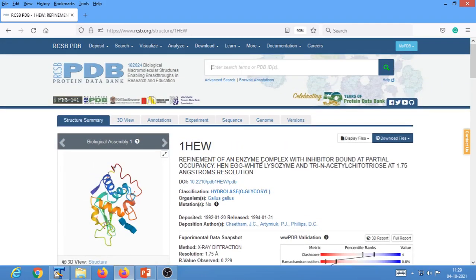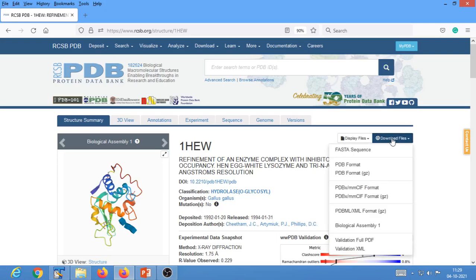Then we want to download this model. For downloading, you can use this download files button. There are a lot of other formats offered in which you can download the structural information of your model. For example, you can download the sequence of that protein molecule in FASTA format.